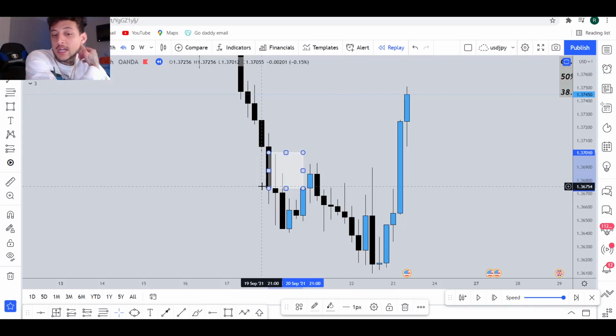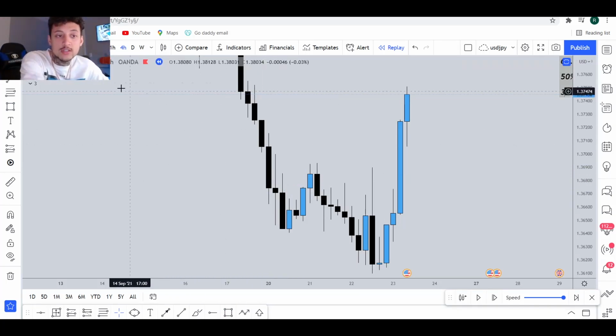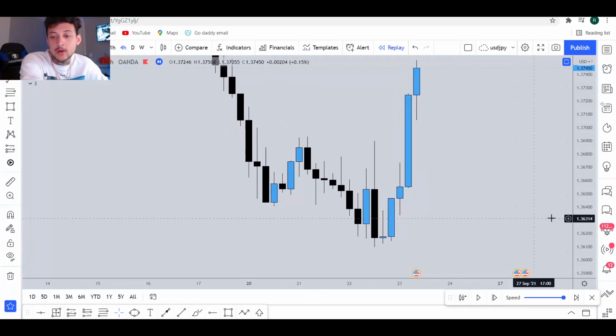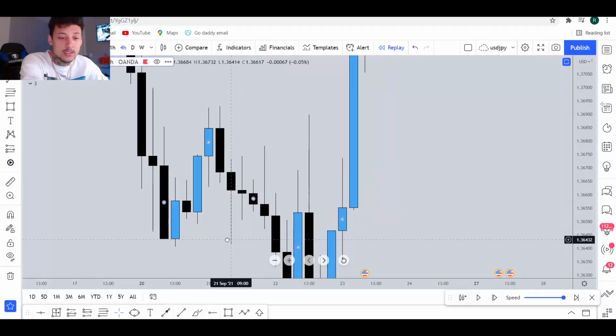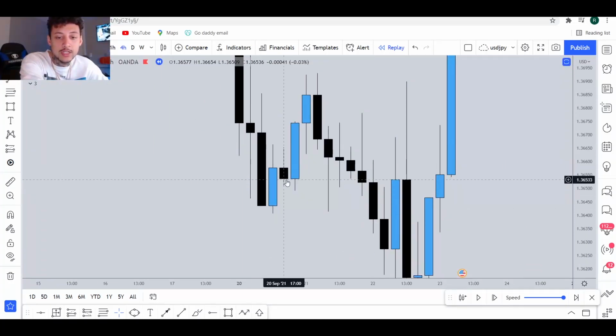In a situation like this, we refer to these as doji candlesticks, meaning that it's a little bit more on the indecisive side. It can also be considered a little bit on the neutral side of things as well, right? Now what I want you guys to see and notice is this candlestick here.